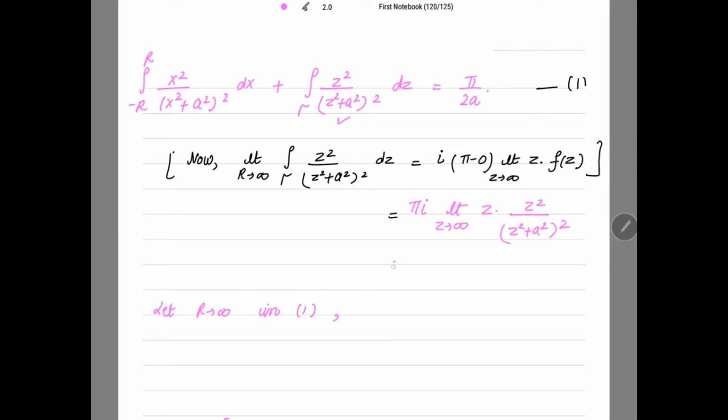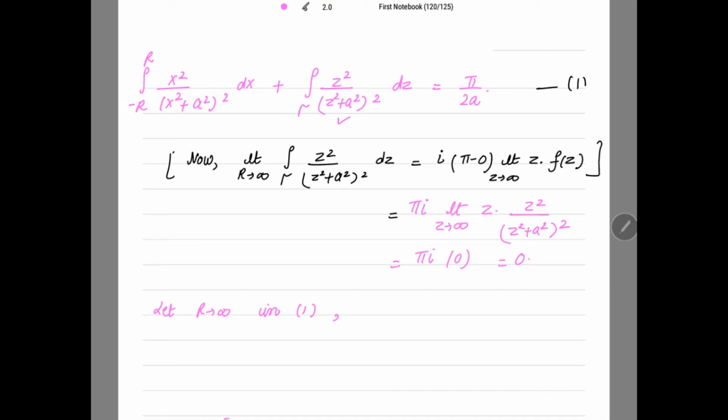Because the power of the denominator is greater than the numerator, and z is tending to infinity, if you take z square common and cancel them, you will have this as 0. And almost in every problem, this integration along tau comes out to be 0.